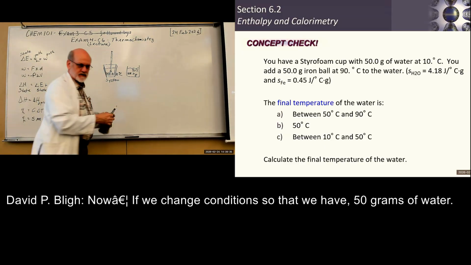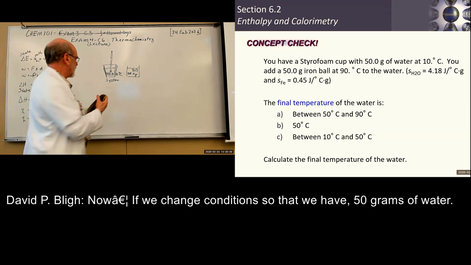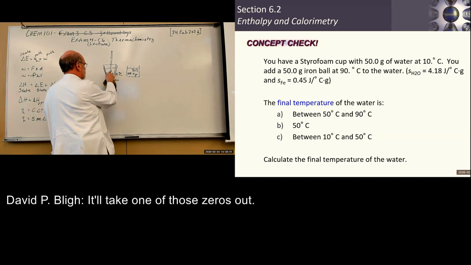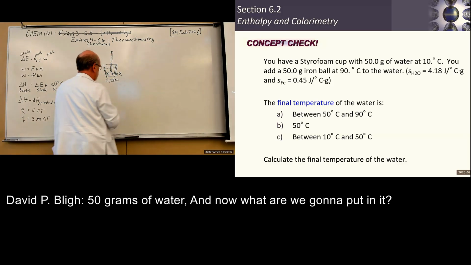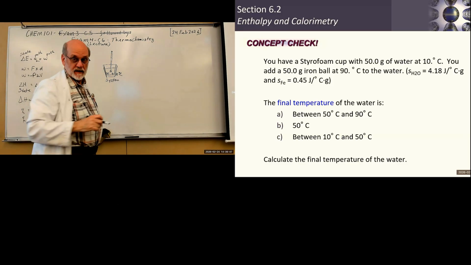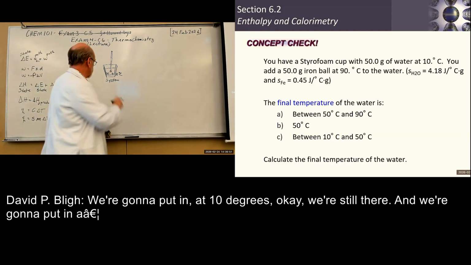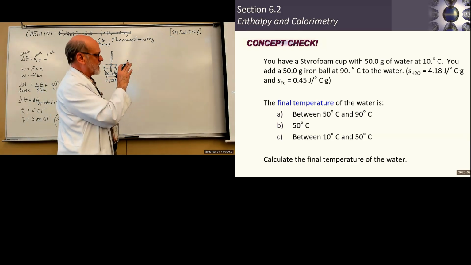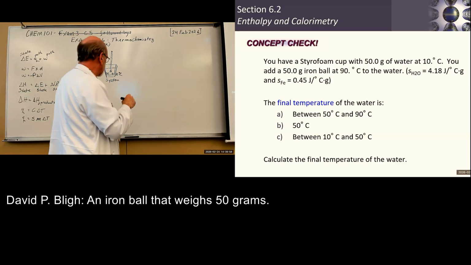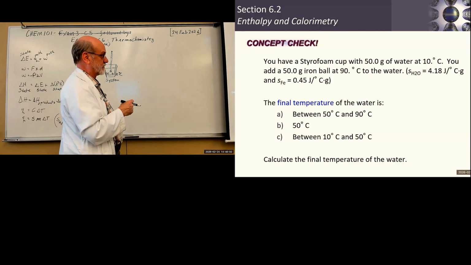Now, if we change conditions so that we have 50 grams of water, we'll take one of those zeros out. 50 grams of water at 10 degrees. And now we're going to put in an iron ball that weighs 50 grams and has been heated to 90 degrees.